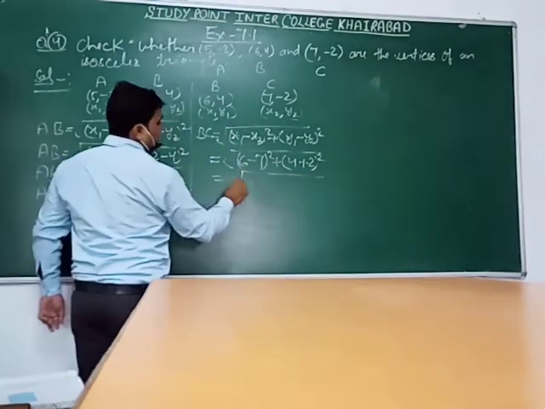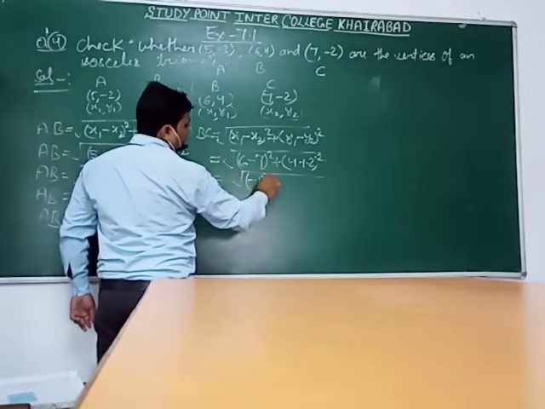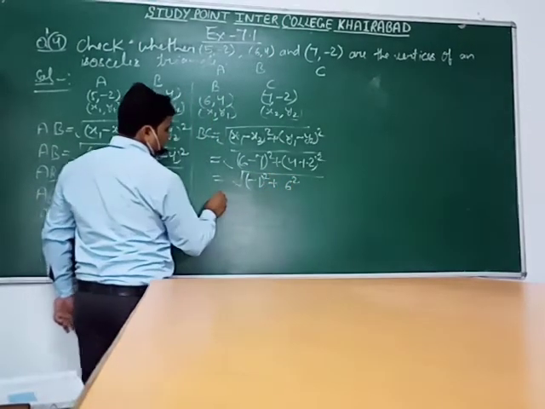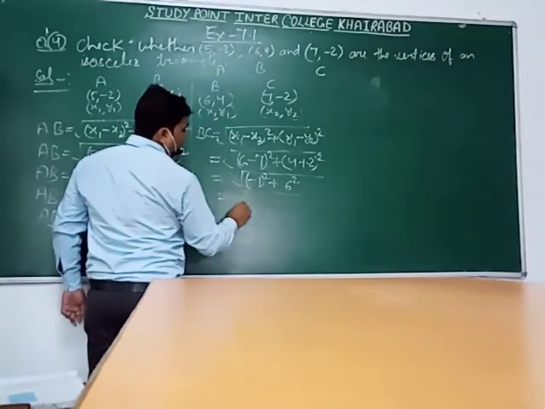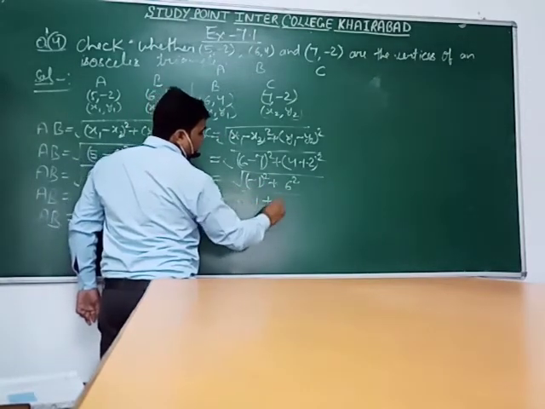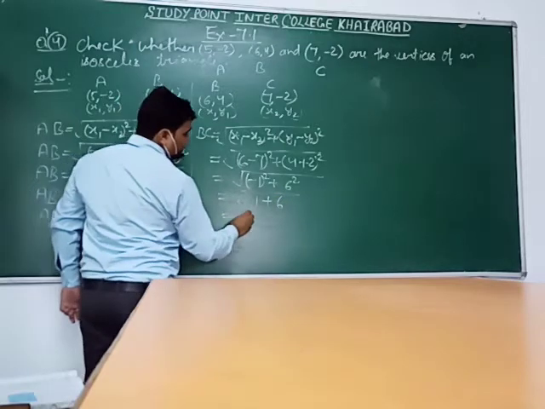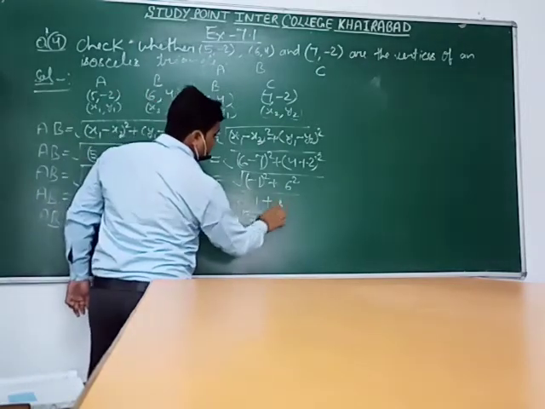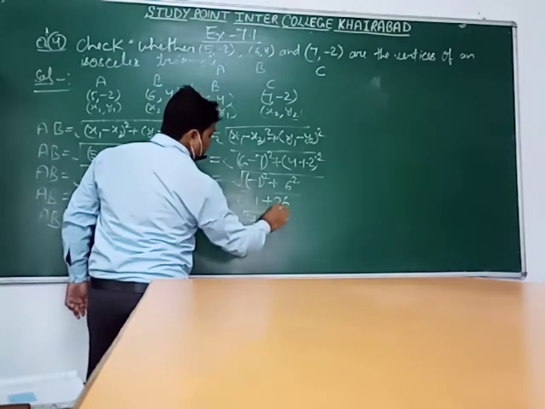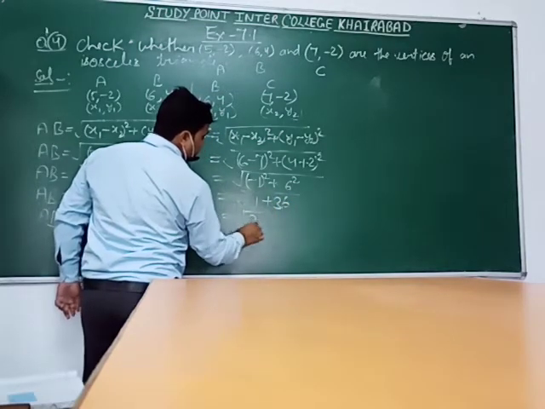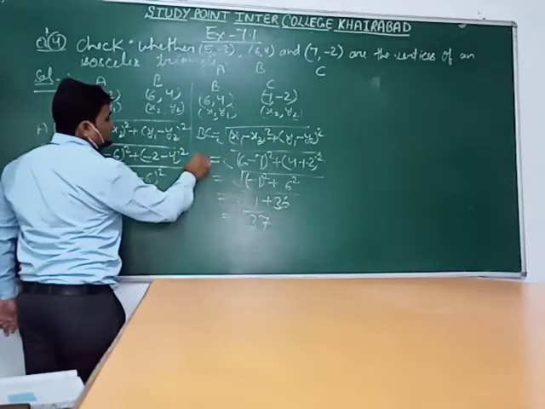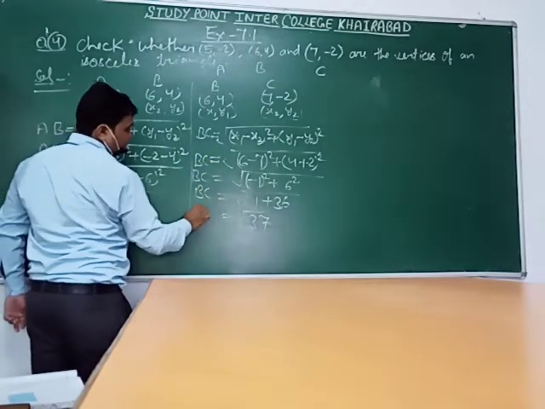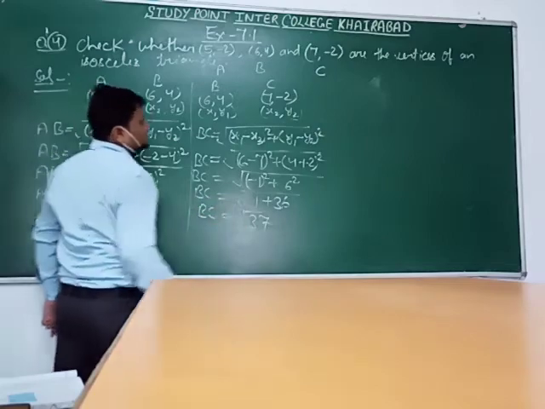So 6 minus 7 is -1, square, plus 4 plus 2 is 6, square. -1 square is 1, and 6 square is 36. 36 plus 1 is 37. BC is equal to root 37.